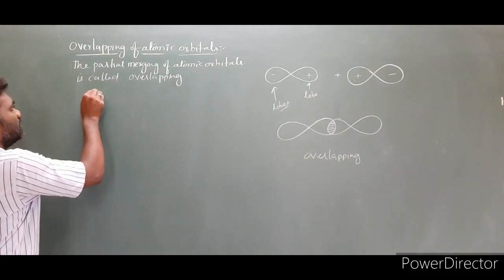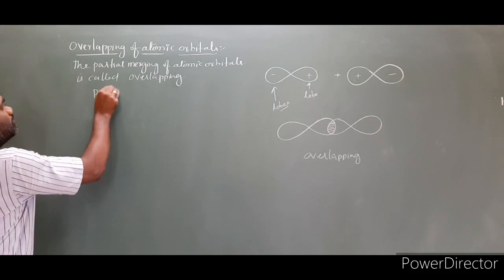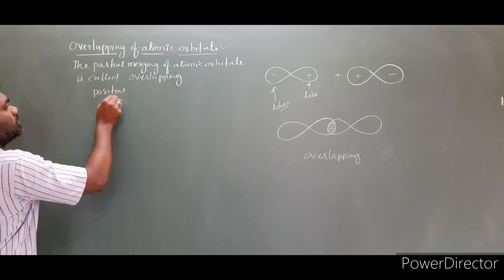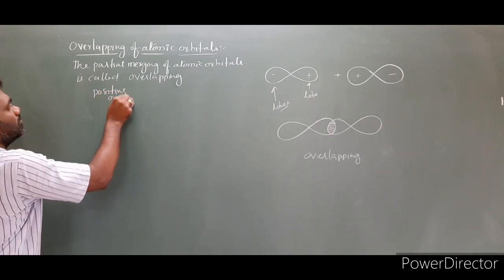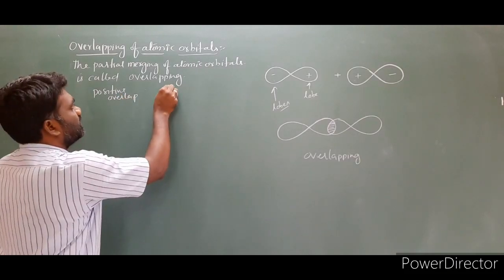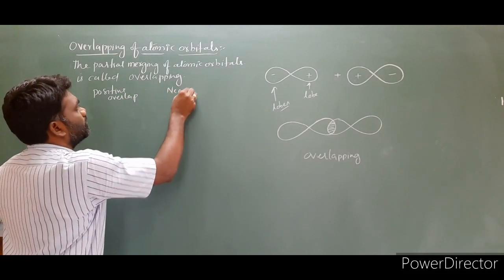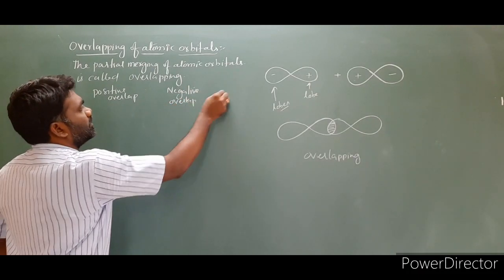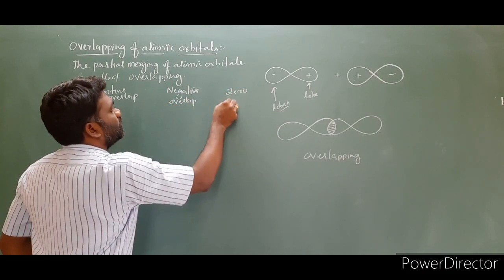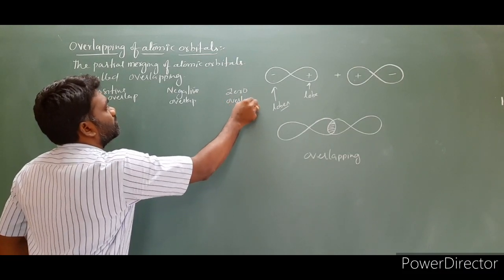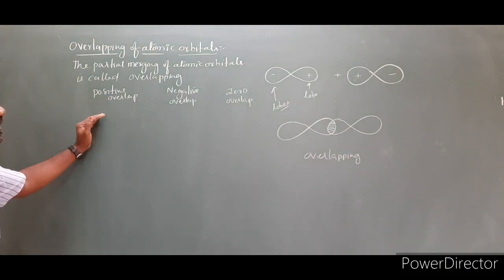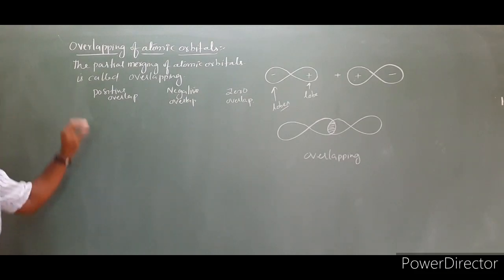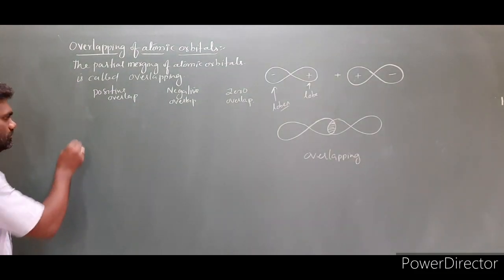First I am writing positive overlap, the second is negative overlap, and the third is zero overlap. The overlap may be positive, negative, or zero. First I am taking a positive overlap.